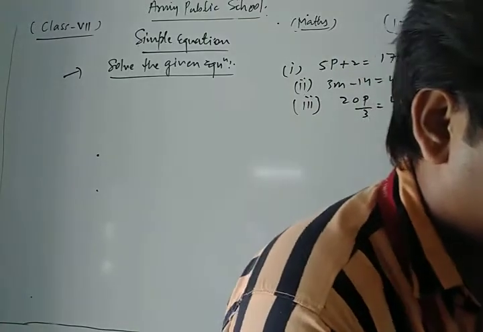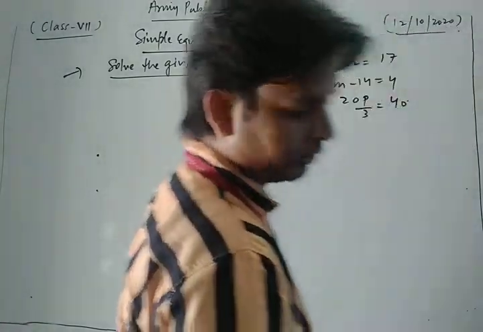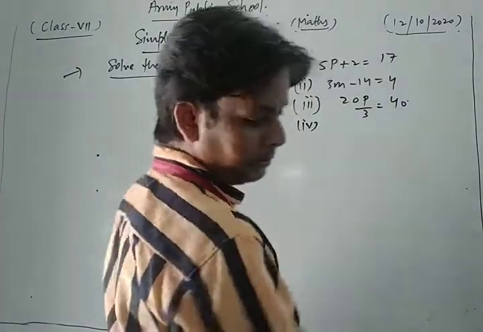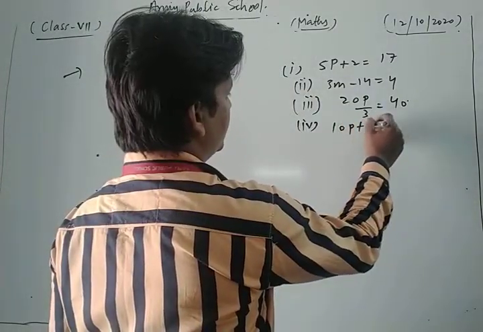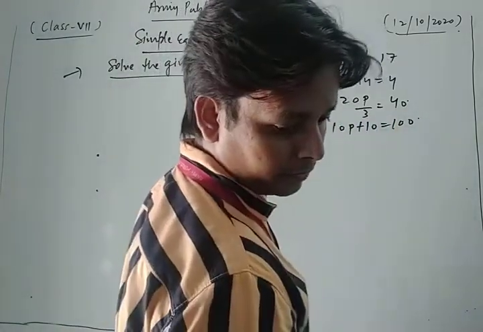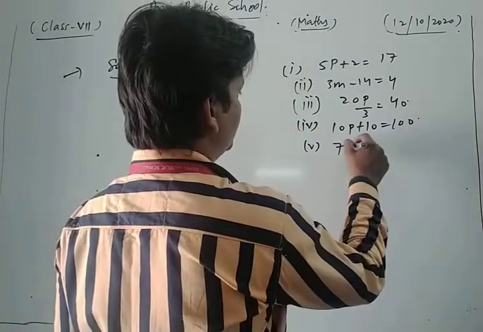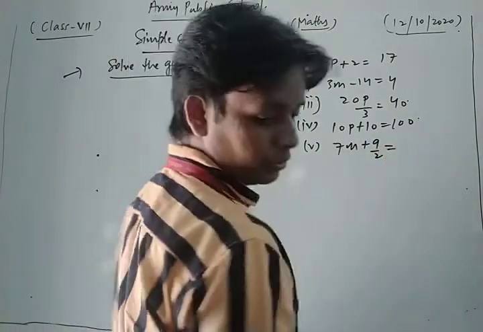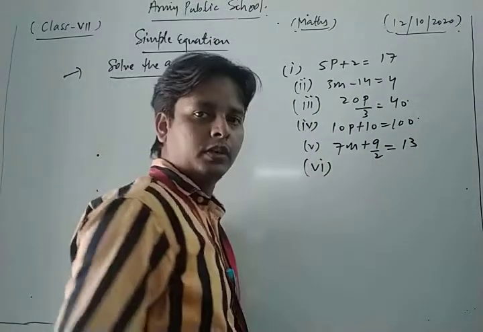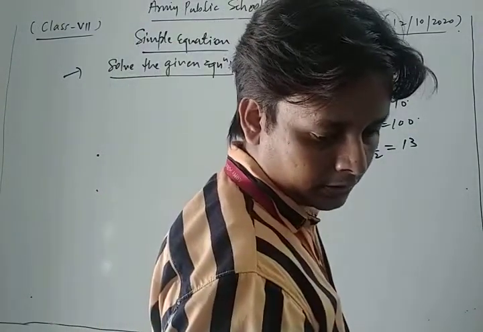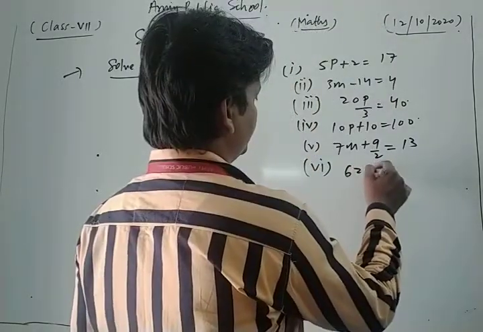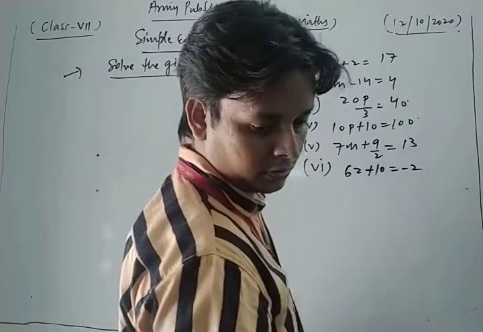Next one is 10p plus 10 is equal to 100. Fourth one is 7m plus 9 by 2 is equal to 13. Next one is 6z plus 10 is equal to minus 2.